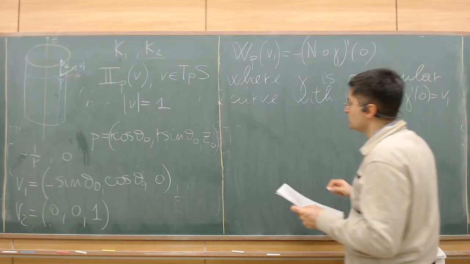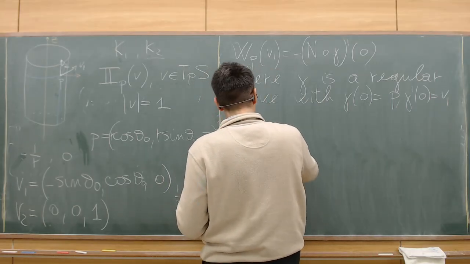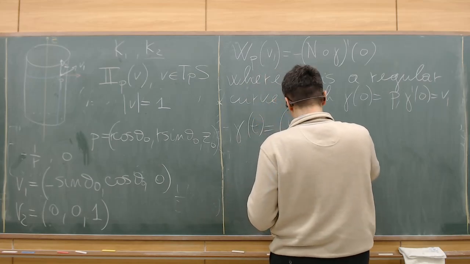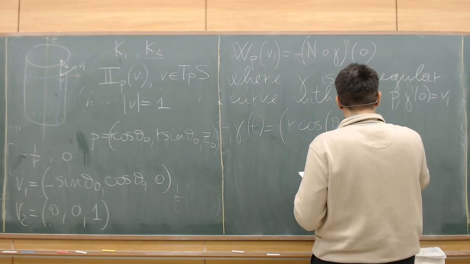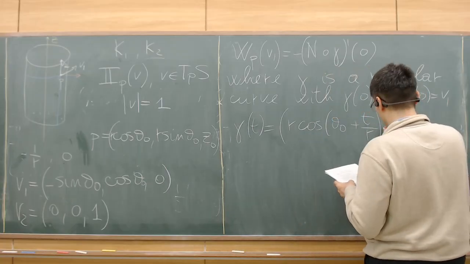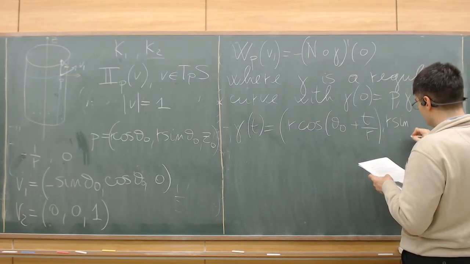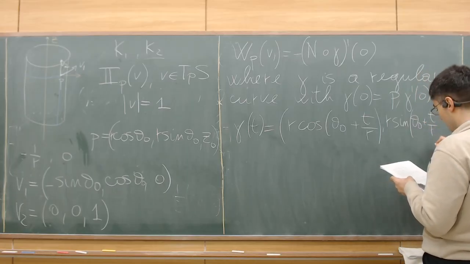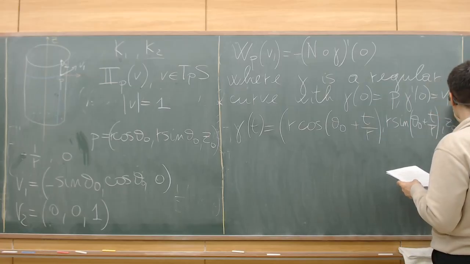So for example, you can choose gamma(t) to be (r cosine of (theta 0 plus t over r), r sine of (theta 0 plus t over r), z0).